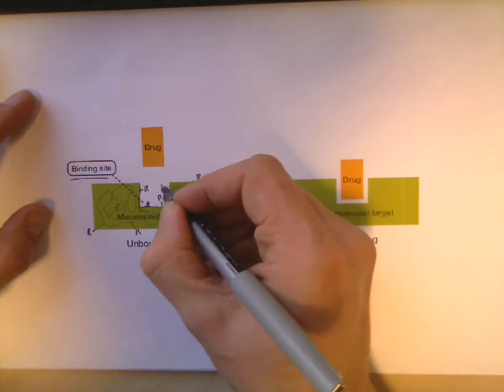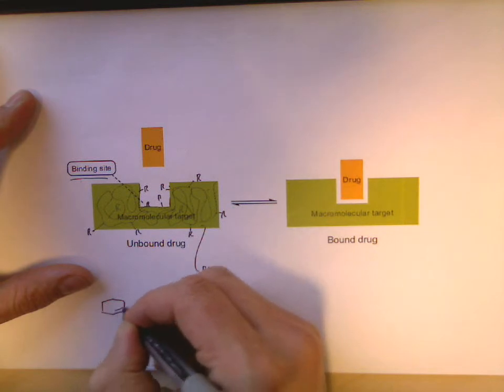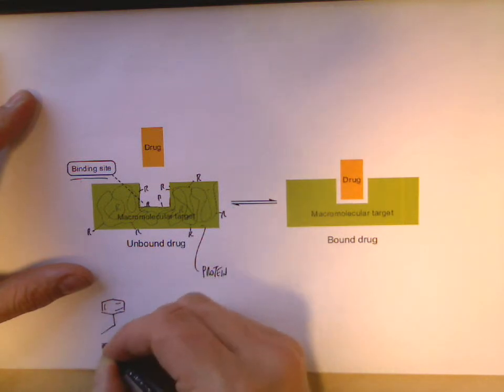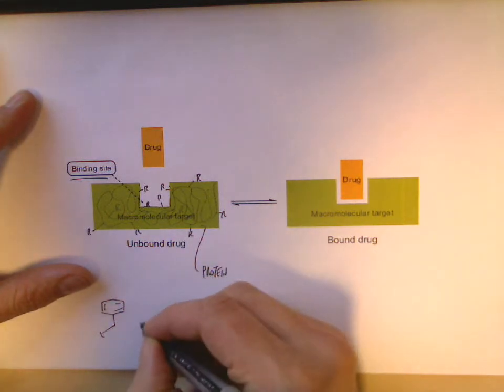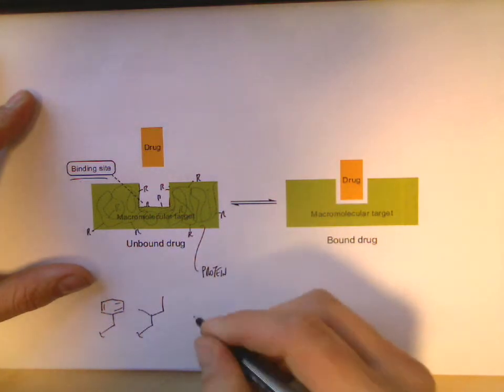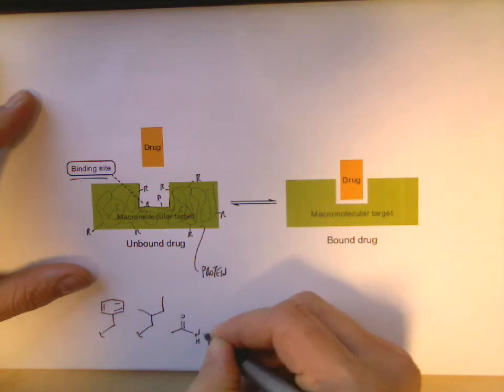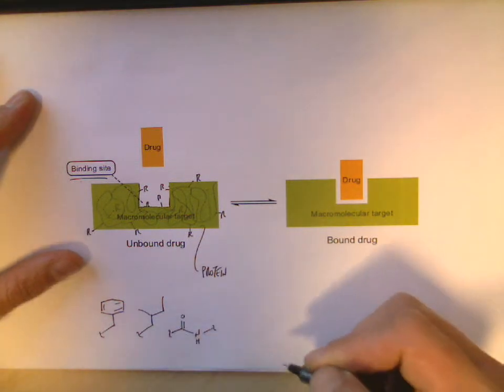So these groups could be the aromatic rings that we saw on the side chain of the amino acids, they could be the hydrophobic side chains, they could be the carbonyl or the NHs of the actual backbone itself.